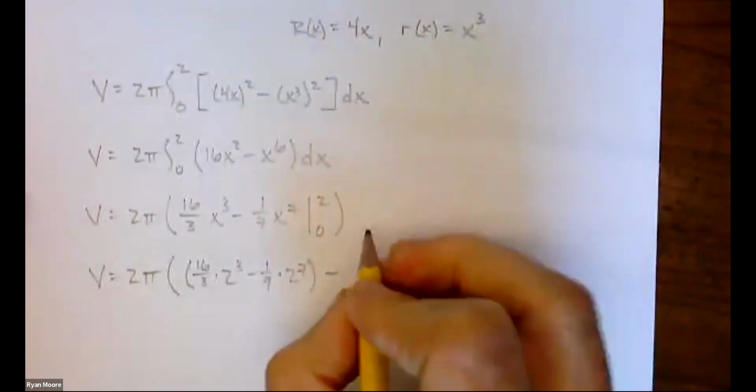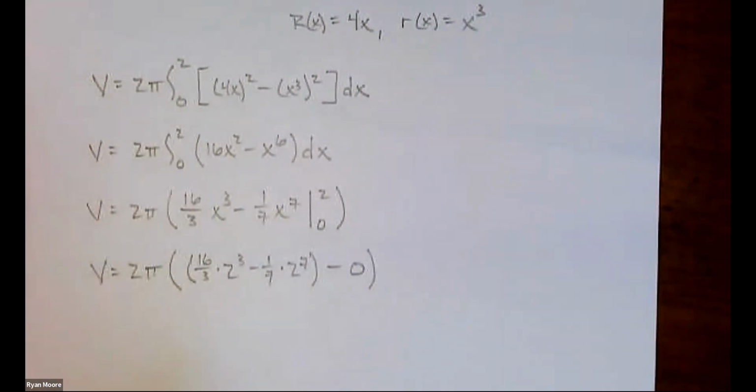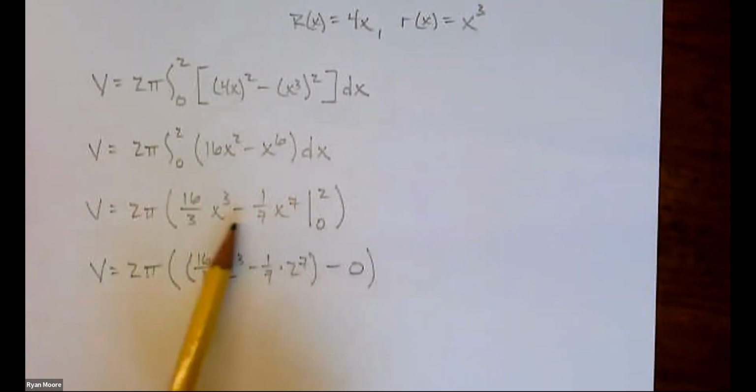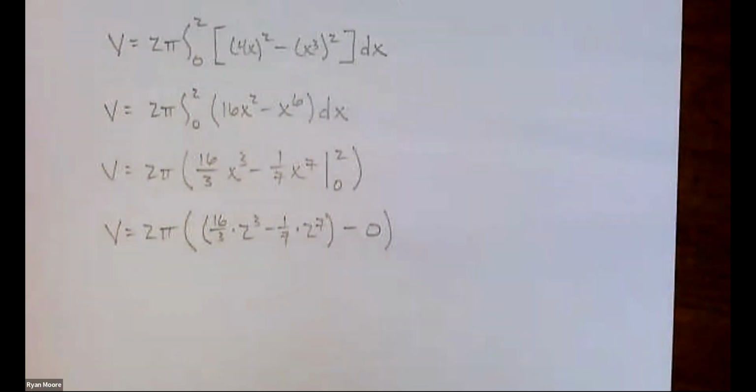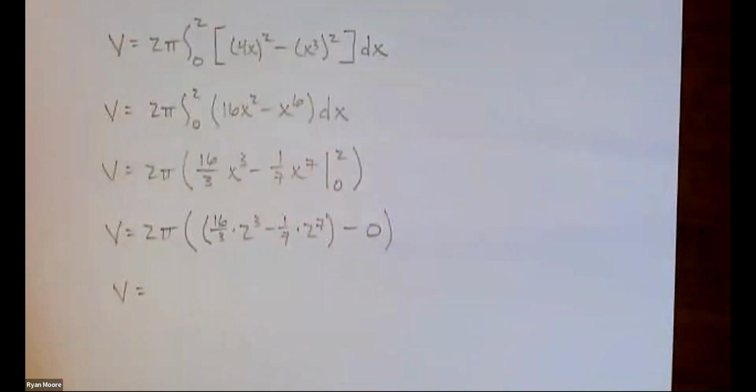minus, and then plugging in 0 again, 0. Be careful with that. People can get complacent with zeros and they think it's always going to be 0 when you plug it in. Well, it is for a polynomial, not for trig and that sort of thing necessarily. All right, what do we got here? Let's knock out the final answer.